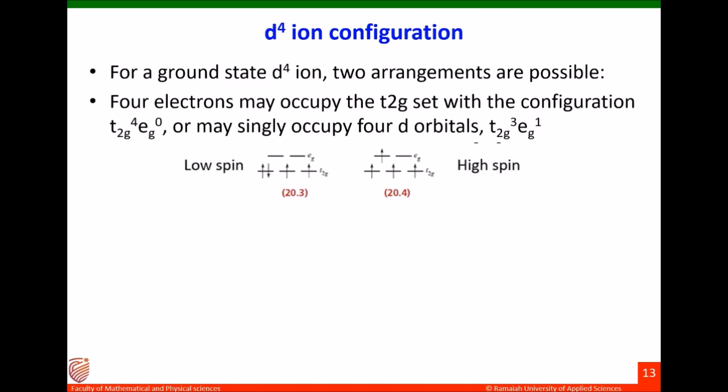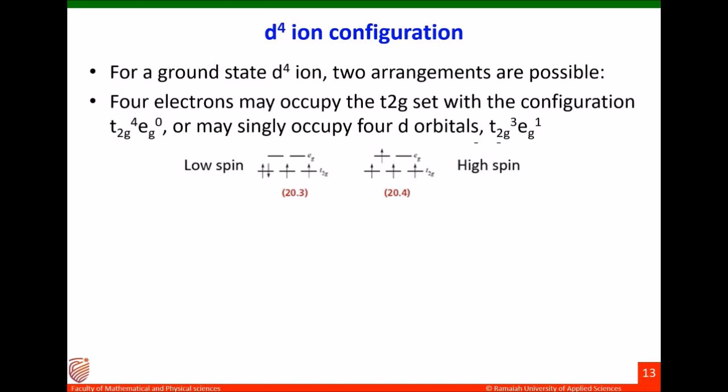The preferred configuration is that with the lower energy, and it depends on whether it is energetically preferable to pair the fourth electron or promote it to the Eg level. Which configuration is preferred depends on the metal ion as well as the ligand.